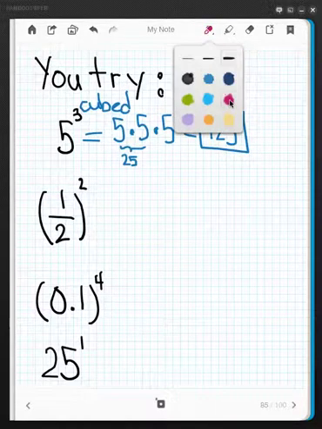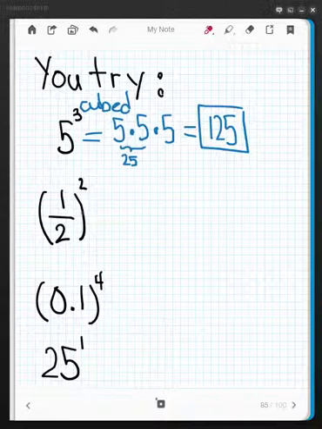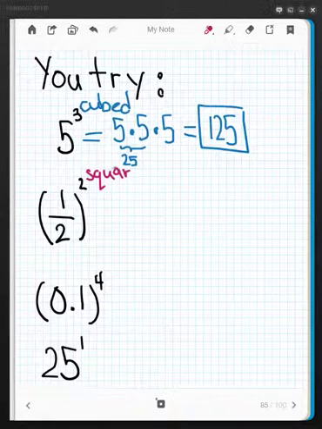All right, our next one is 1/2 squared. Remember that the exponent of 2 has a special name that we can use, and that is squared. So 1/2 squared, or it could be said as 1/2 to the second power.